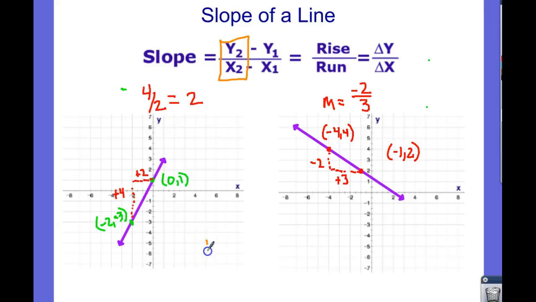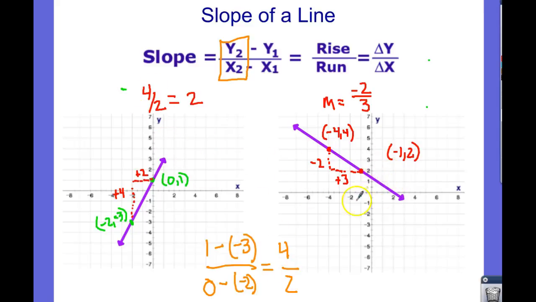So y2 is 1 minus -3 over 0 minus -2. For subtracting negatives, we're really adding. So this is 1 plus 3 is 4. 0 plus 2, 4 over 2, which is exactly what we got.